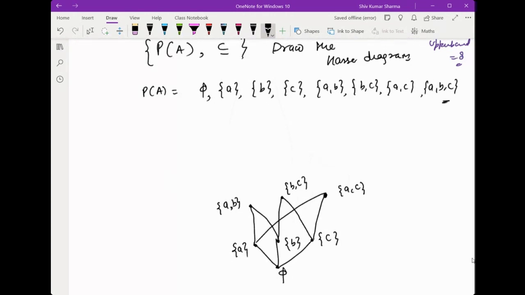And last we take ABC. So AB is a subset of ABC, this is a subset of ABC, and this is a subset of ABC.